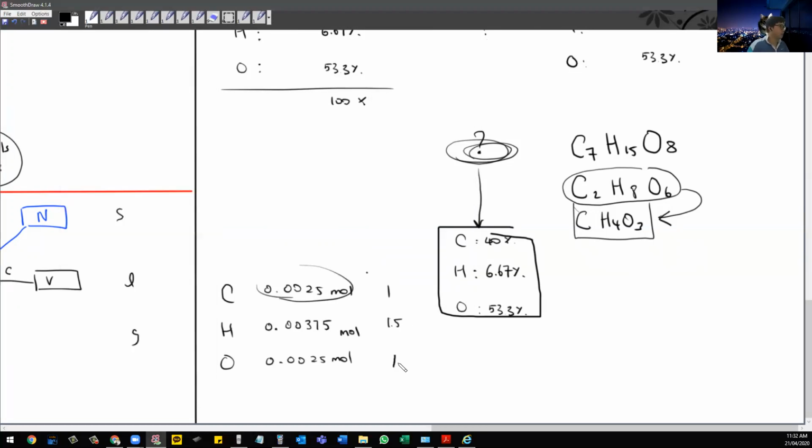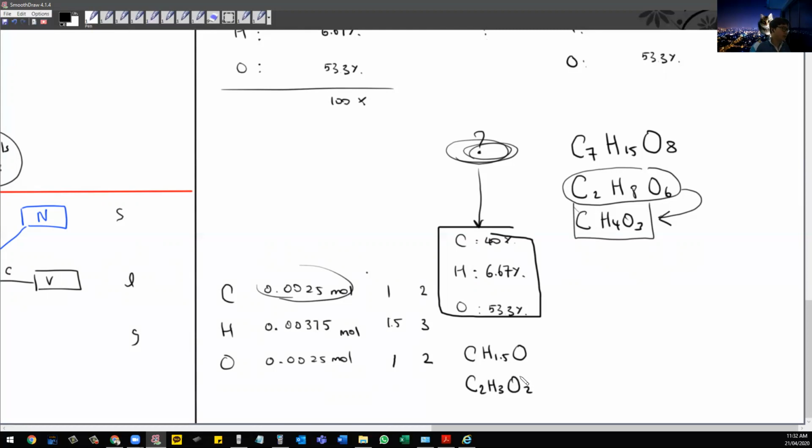And then you get 1 as well, right? So is the formula CH1.5O? No, you've got to double that. If you double it, then you get 2, 3, 2. Then you get C2H3O2. Got that? So that's the answer.